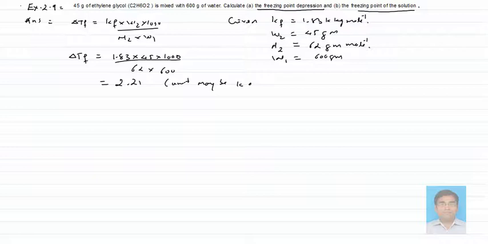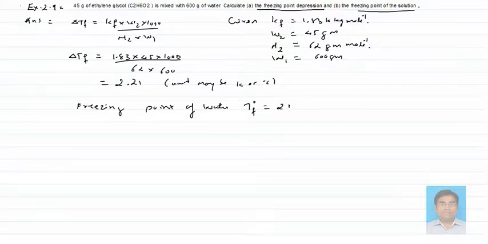Now to find out the freezing point of solution, we know that freezing point of water, T0F, equals 273.15 Kelvin or 0 degree Celsius.